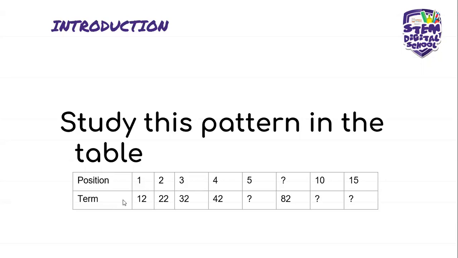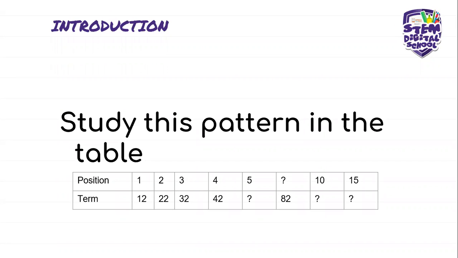If you are moving from 12 to 22, you can see that there's a number that has been added there, or the constant difference rather. 12 plus 10, if you add 10 there, you will get 22. And then from 22 to 32, again, you will be able to add 10.